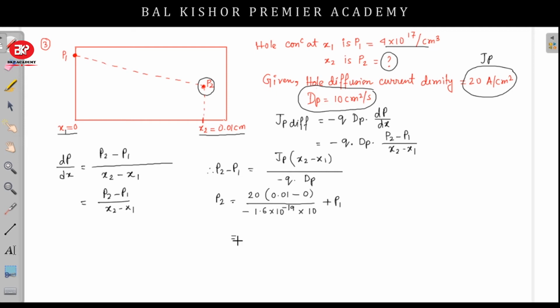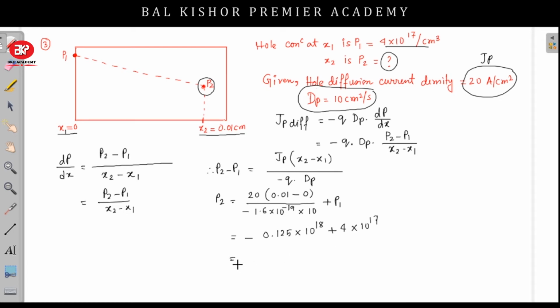So after calculating this, you can say that in the first term you will get minus 1.25 into 10 to the power 18 plus 4 into 10 to the power 17.